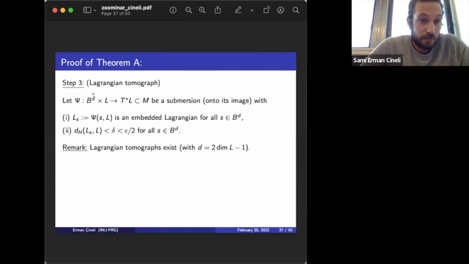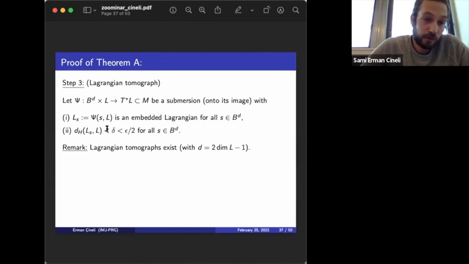So now L is going to be parameterized by a ball, the embeddings psi go to a tubular neighborhood of L inside M. We want it to be a submersion onto its image. So we require that L_s, the embeddings of L, are embedded Lagrangians for all s.